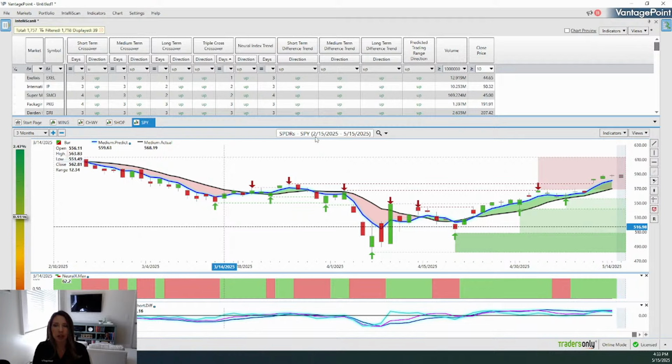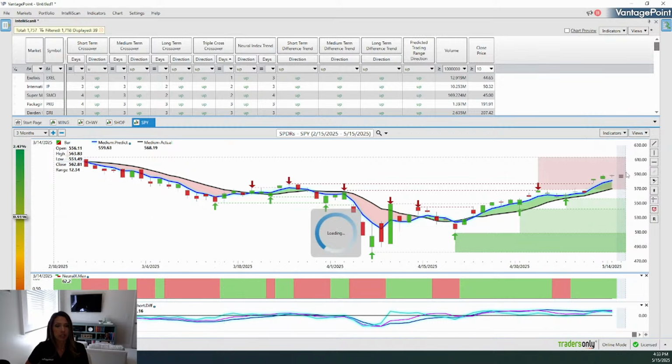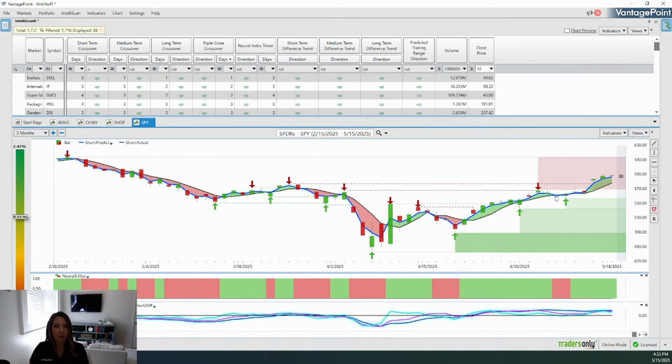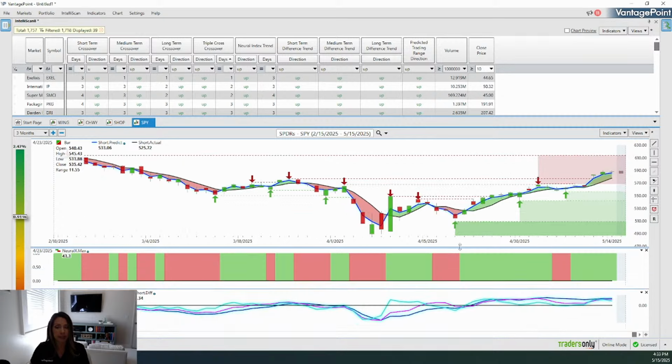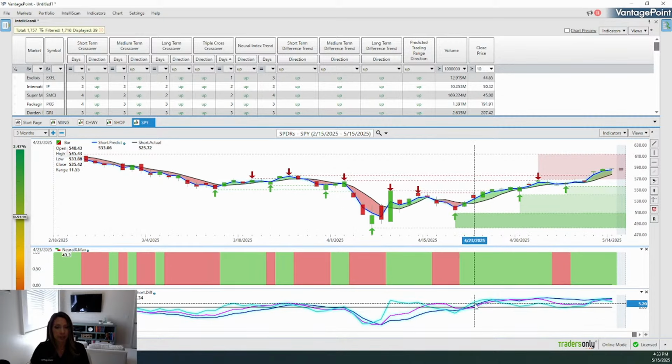That's smart opportunity selection. So when we look at our crossovers here on the SPY, we can see that VantagePoint, I mean, gosh, we forecasted this back here on 423, right? With the crossover and confirmed bullish trend. Again, looking at our predictive differences, I'll even pull this up for you guys here for just a second. Here's your predictive differences.